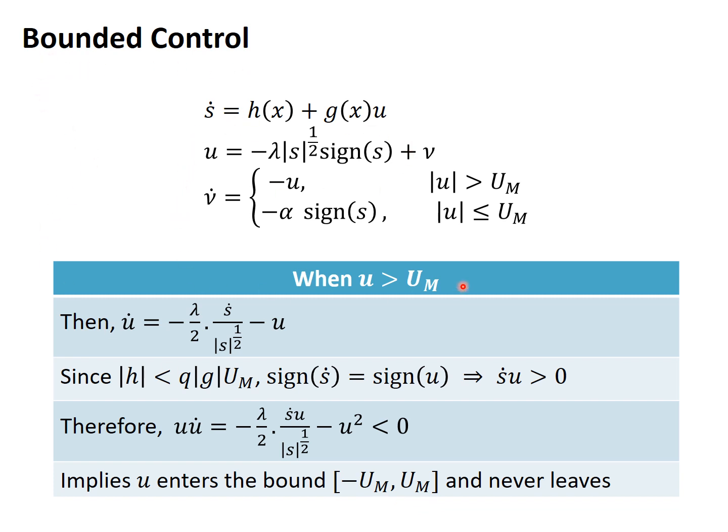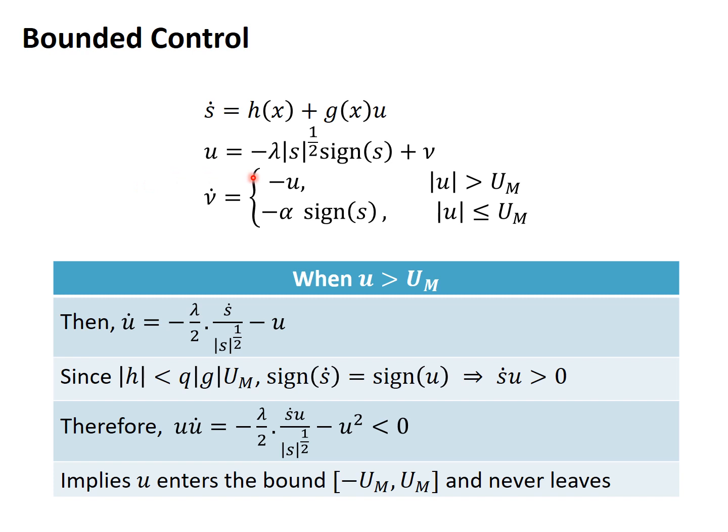So, if you are asked that S dot is Hx plus Gxu, and I have designed my control U as this, then prove that this will be a bounded control. Then you only have to show this much for the boundedness.